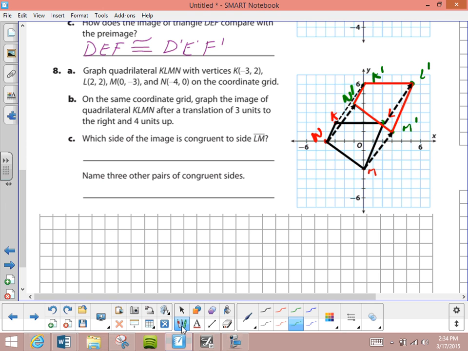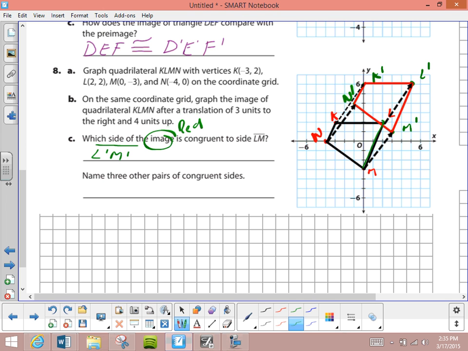So it's saying which side of the image, meaning the red one, is congruent to the side LM. LM is this guy right here. Which side on the top one is congruent to that? L prime and M prime. And you put the line on top to tell me that's what you're talking about. That's all you had to do.